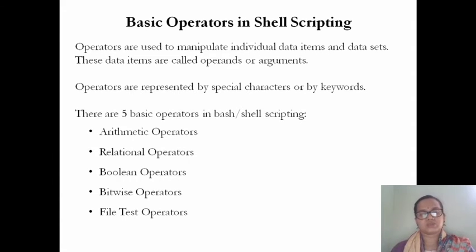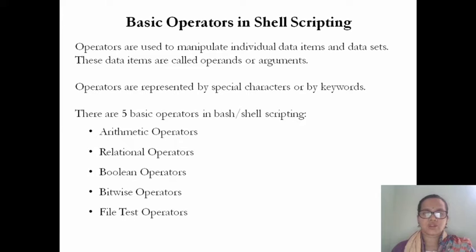These data items are called operands or arguments. If an operation is to be done on data, first and foremost there should be an operator, and based on that, the action to be taken on those operands is decided.